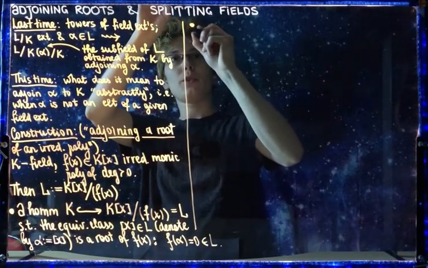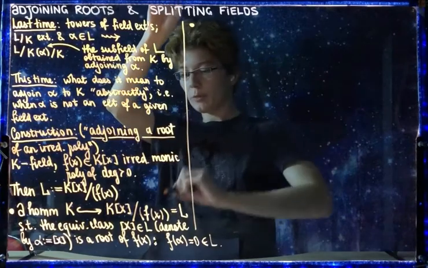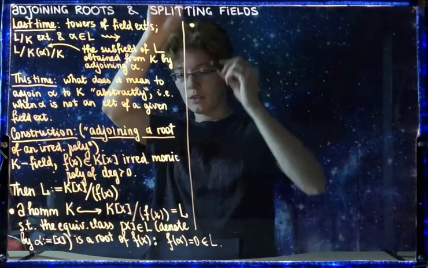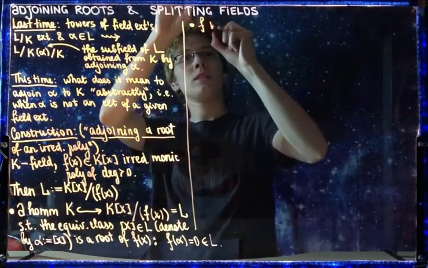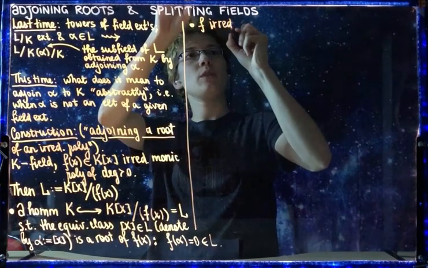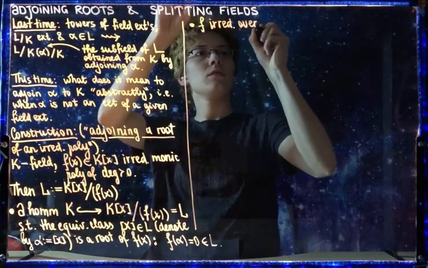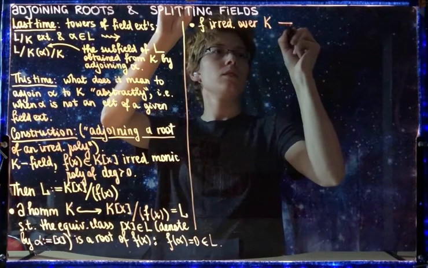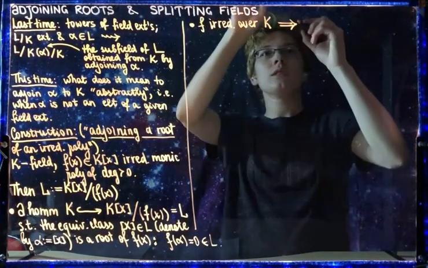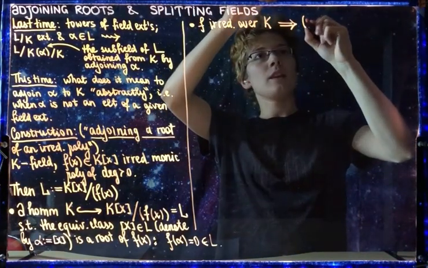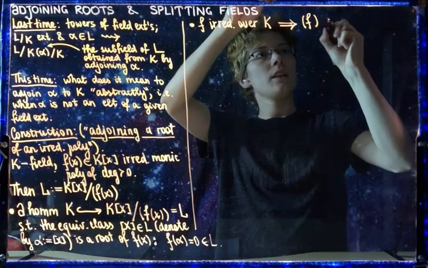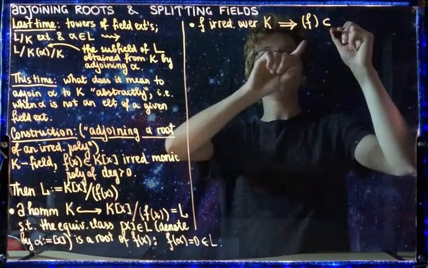And further, we can observe that L is a field. So f is an irreducible polynomial, so K adjoin x is a principal ideal domain.